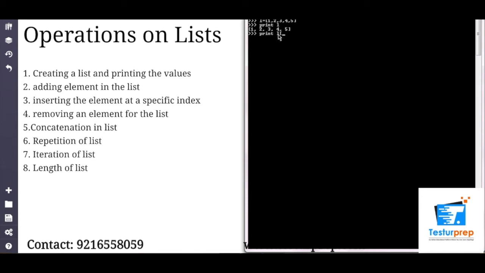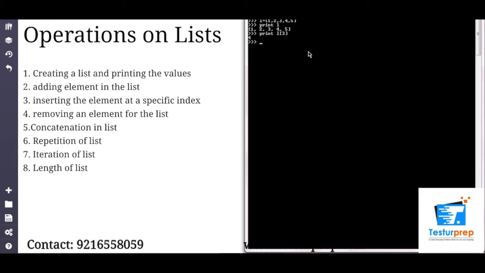So my 4 lies at position 0, 1, 2, 3. So I give the index as 3. I get my answer as 4 here because my 4 is at index 3. Now this is how you will create a list, print a list and print a specific value as well.